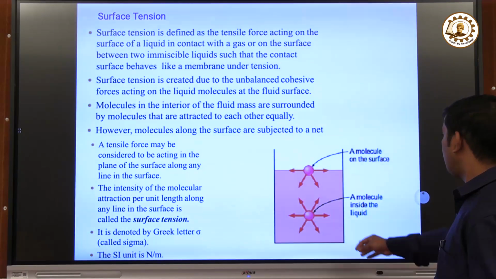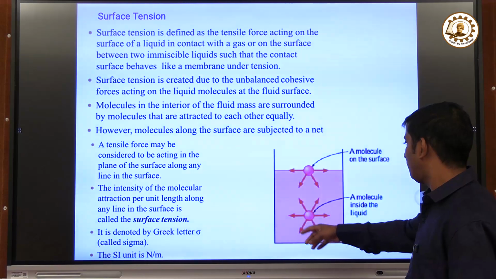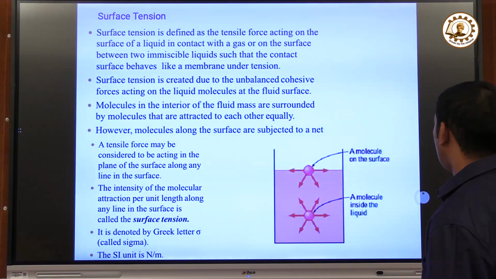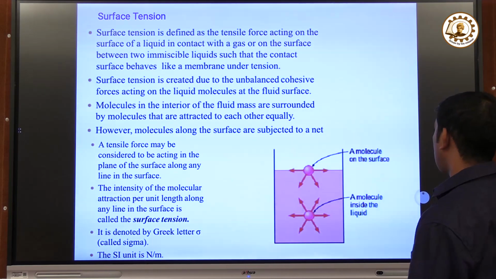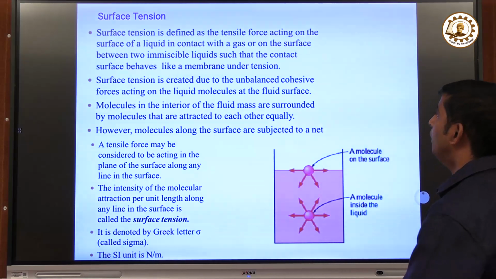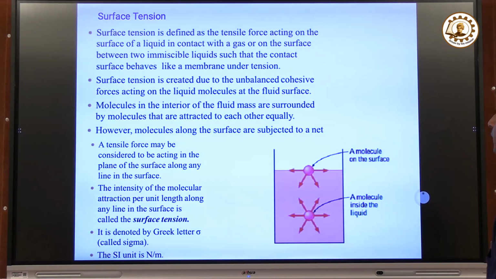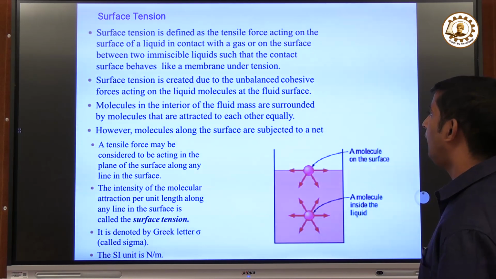Just see this diagram: for the molecules inside the liquid, all the forces are equal in all directions. But in the case of the surface, there is a net inward force due to the free surface. The surface tension is created due to the unbalanced cohesive forces acting on the liquid molecules at the fluid surface.